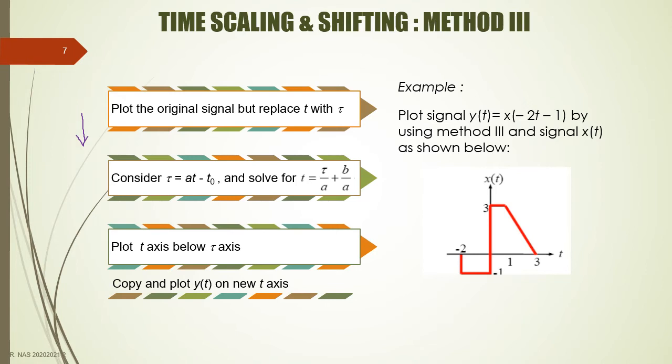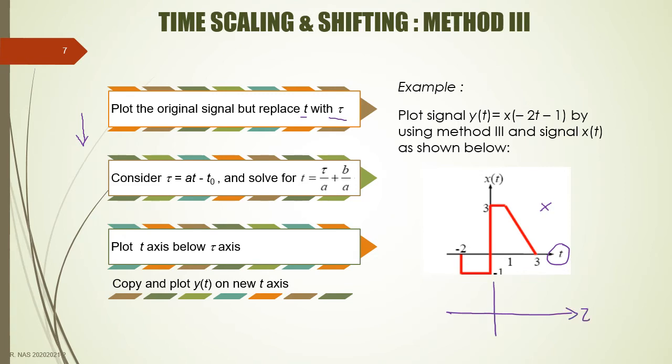First, when you are given a signal, for example this signal, you need to plot the original signal but replace t with tau. At the moment you have the axis as t, so you need to redraw the signal, but the x-axis instead of t becomes tau.